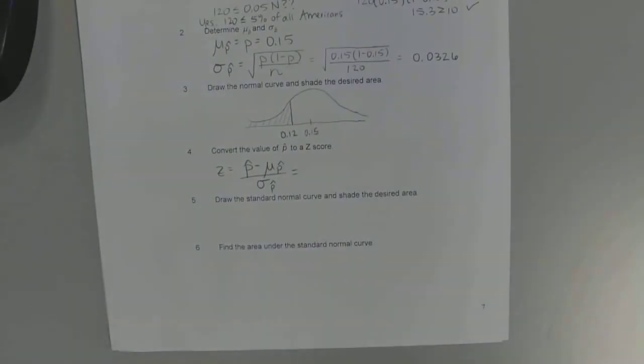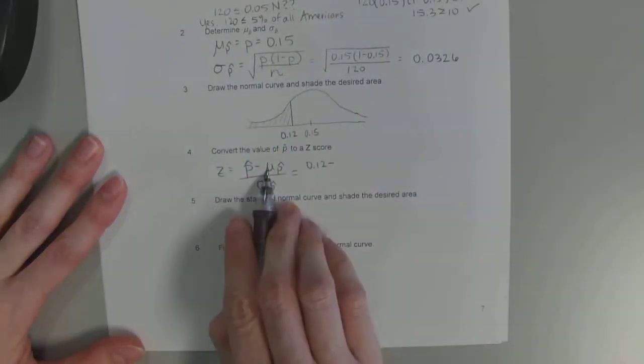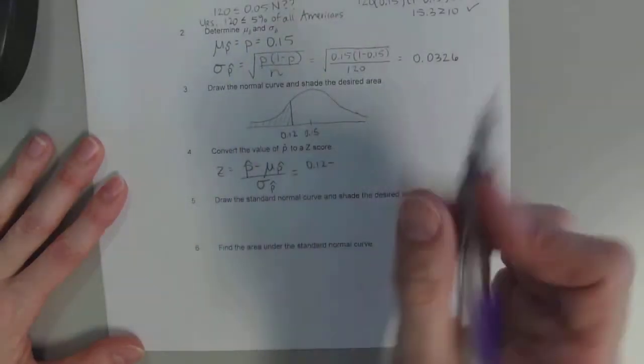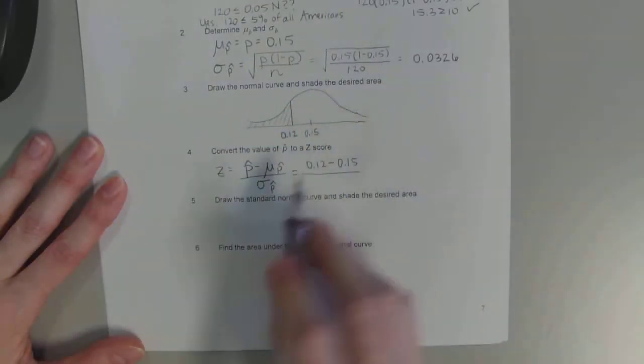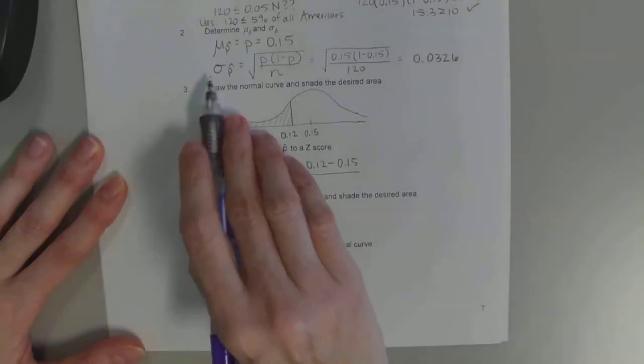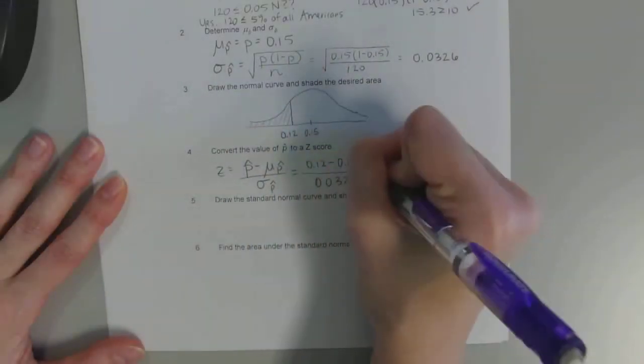P hat was our sample proportion that we either found or were told. In this case, it was 0.12. Minus mu of p hat, which we just answered right above. It was the population proportion, 0.15. Divided by our sigma of p hat, which we answered above and calculated, which was 0.0326. Okay?